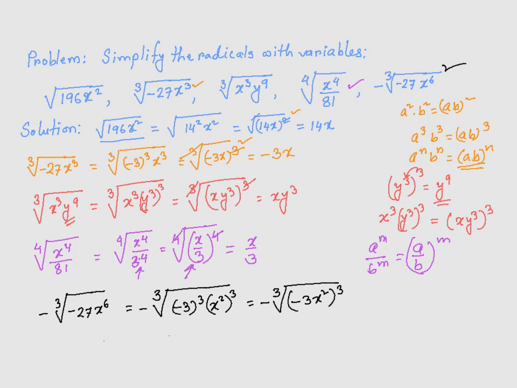At this point we notice that cube and cube root are going to cancel. That's going to give me negative times negative 3x squared. Now negative and negative is going to give me positive when multiplied, so I'm going to get just 3x squared. I hope that this discussion was helpful.